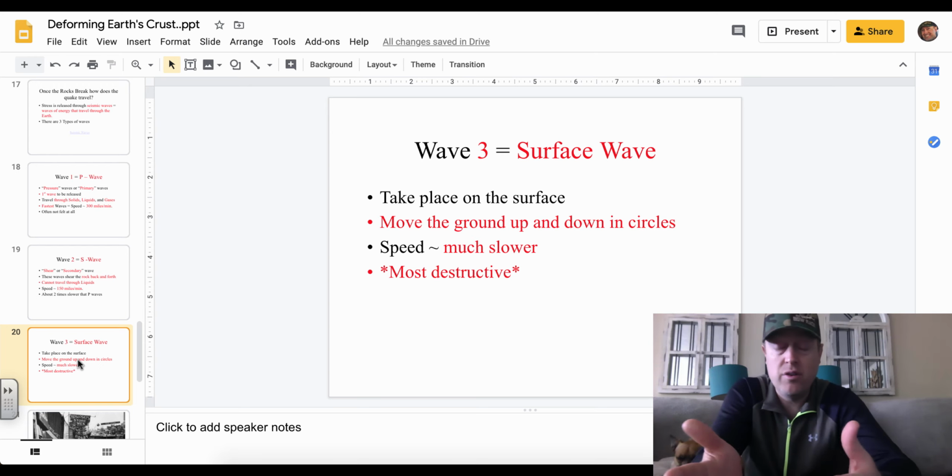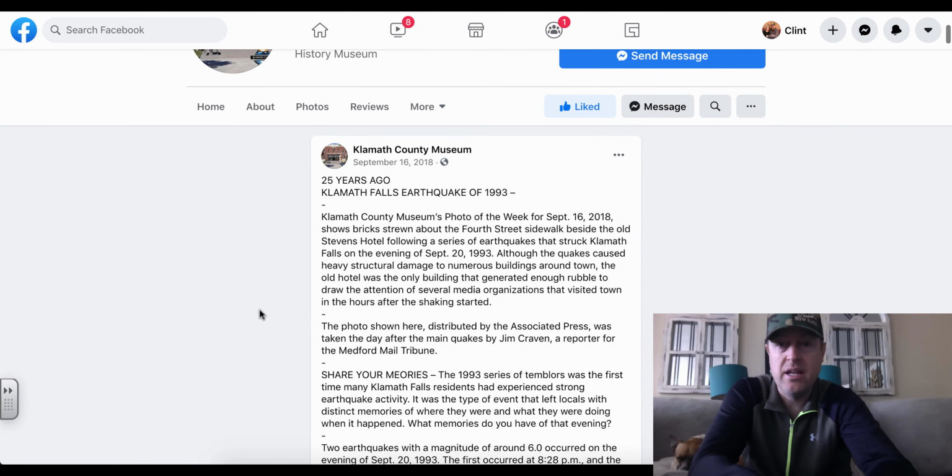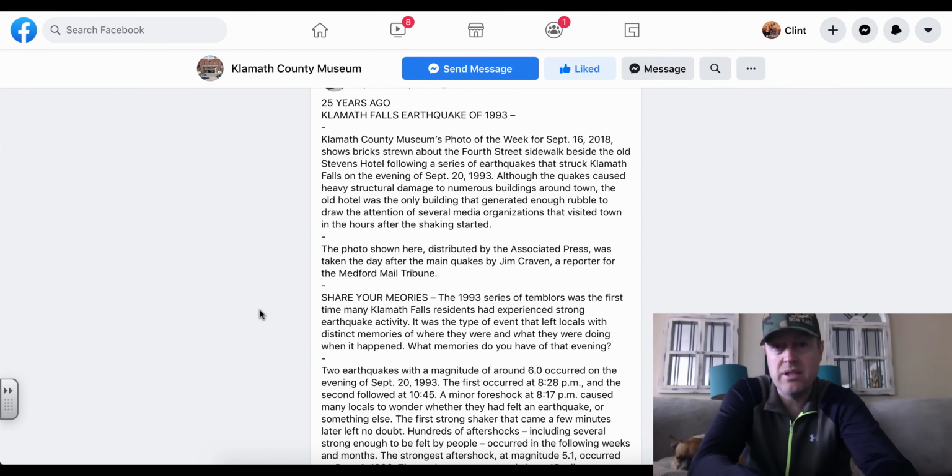I don't know if any of you have been in an earthquake, but I was actually in one of the biggest earthquakes in Oregon. Actually, the biggest. Did you know that Klamath Falls, that's right, kids, Klamath Falls has the biggest recorded earthquake on record? And it was back in 1993. And I'm going to put a link to this so that you guys can read this.